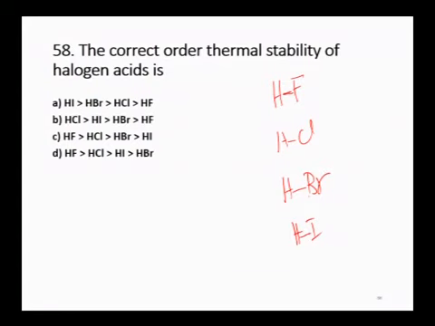In the D option, HI is not in the correct place, it should be HBr. So among the four options, C is correct: HF greater than HCl greater than HBr greater than HI.